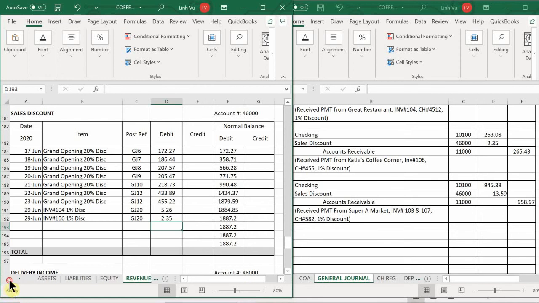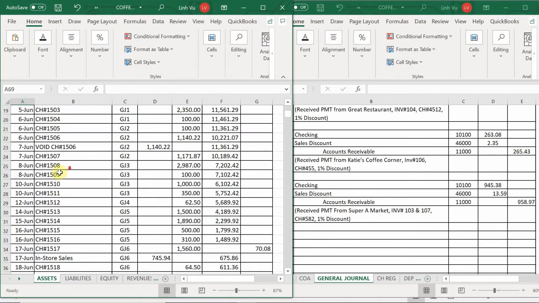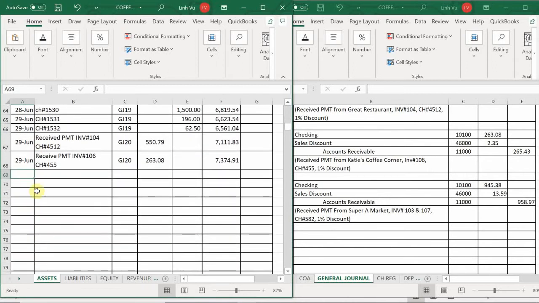Okay. I'm going to go ahead and start with checking first. Okay. We're under checking. $6.29. Received payment, invoice number 103 and 107.